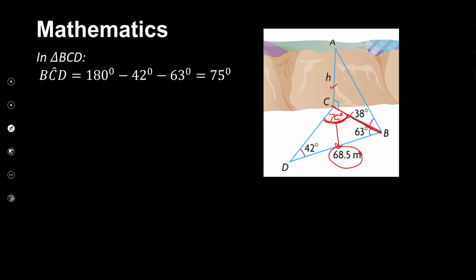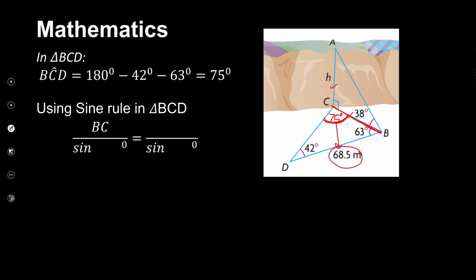So back to our triangle BCD, we've got our pair and we need to find BC. So using the sine rule, we're going to start off with BC in the numerator. So BC over the angle across from it, and across from BC, we've got 42.